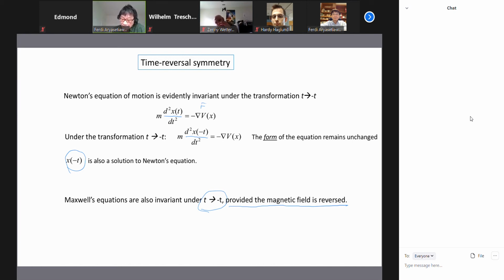But if we think of the magnetic field as being generated by the system itself, then if we change t to minus t, we also change the direction of the current. So the magnetic field is also reversed. Then Maxwell's equations are also invariant under time reversal. So time reversal in classical mechanics has a simple meaning: we just change t to minus t. But in quantum mechanics, it's a bit more complicated.